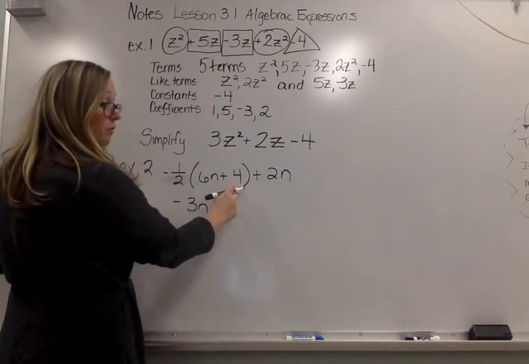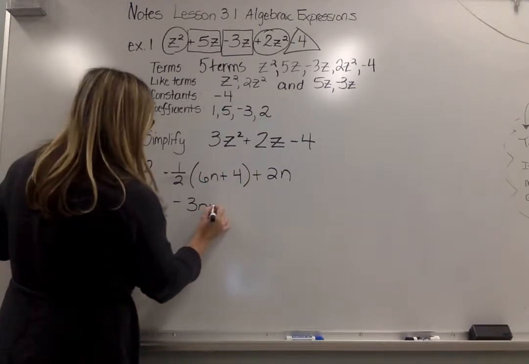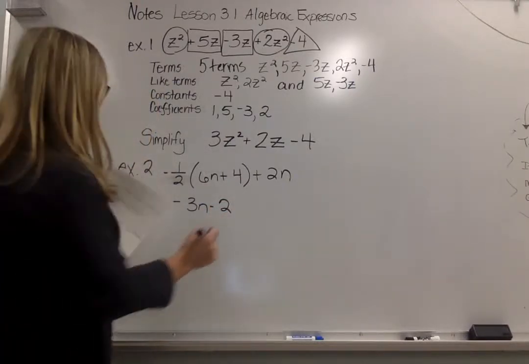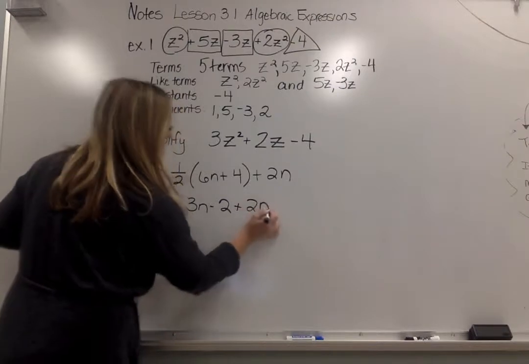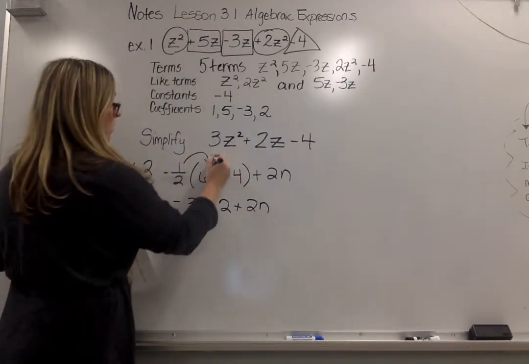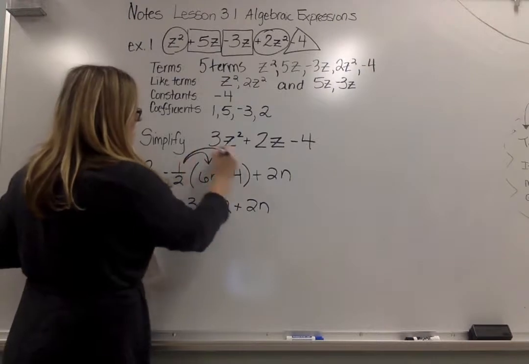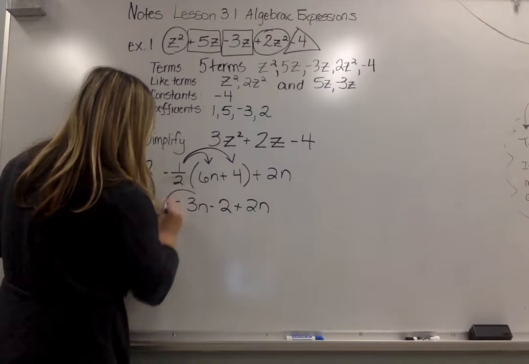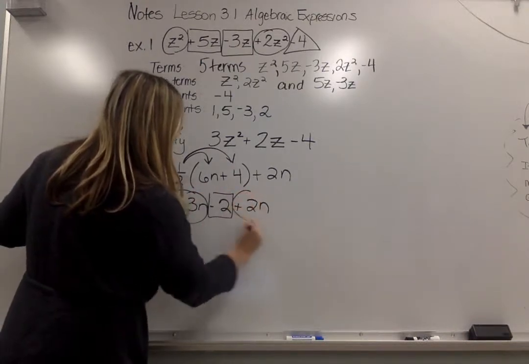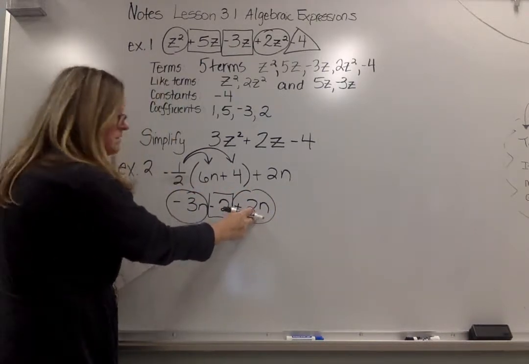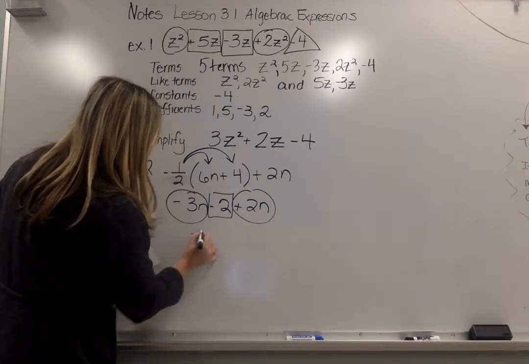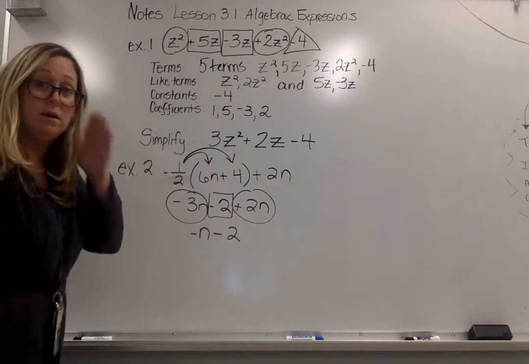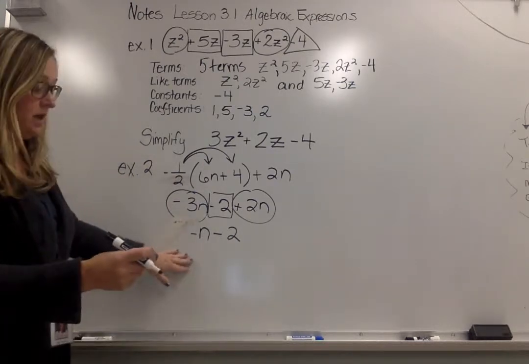Negative half of 4 is negative 2. So I have negative 3n minus 2 plus 2n. I've distributed that negative 1/2 to the 6n and to the 4. So I'm just multiplying them. Now I use my circle square method to combine like terms. 3 negative n's plus 2 n's is negative n, minus 2. I know there's an n there, but I don't write the 1. It just stays the way it is.